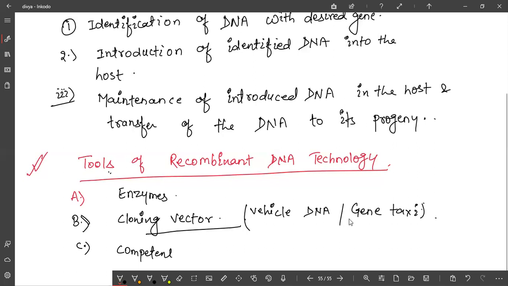Competent host. And for what purpose will this competent host be required? For transformation with recombinant DNA.